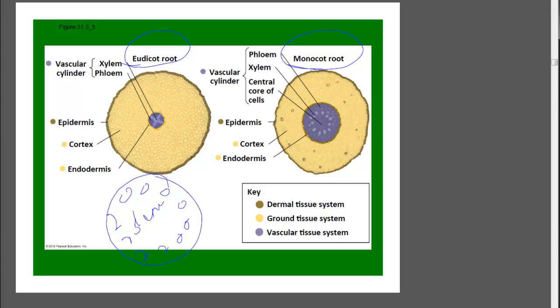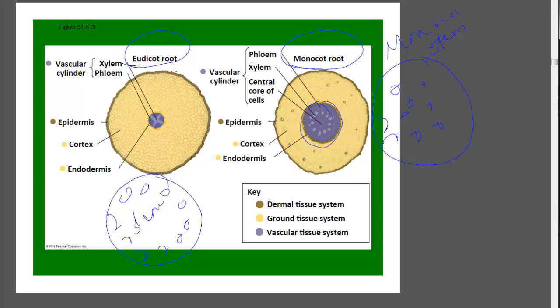We actually see the vascular bundles in a ring inside this root. When we saw it in the stem portion, remember, in our monocot, these bundles were scattered throughout. So you have to be careful with that as a defining characteristic, because in our stems and roots, these are going to look very different for us.